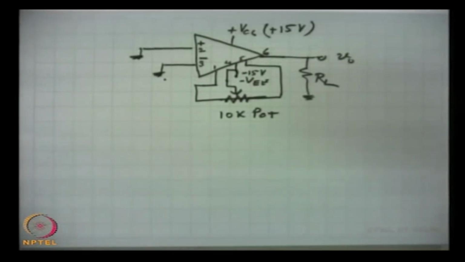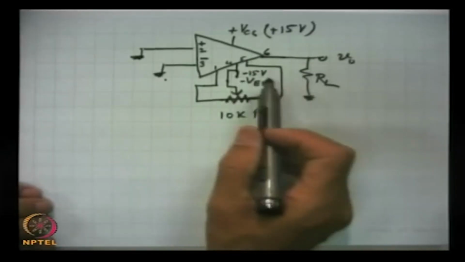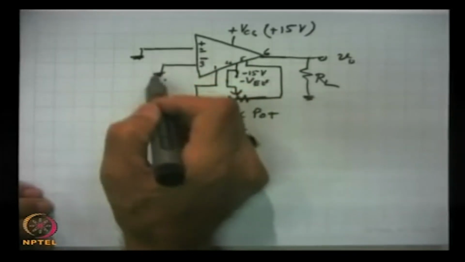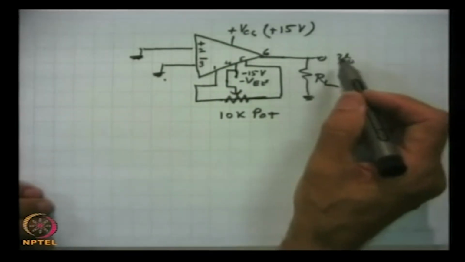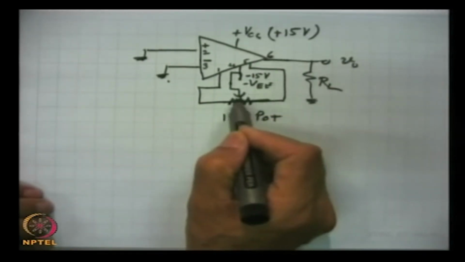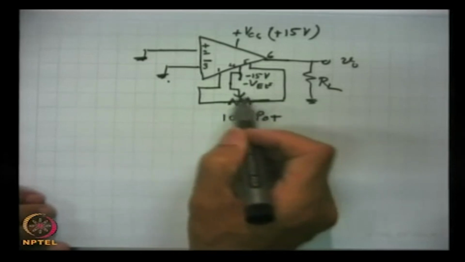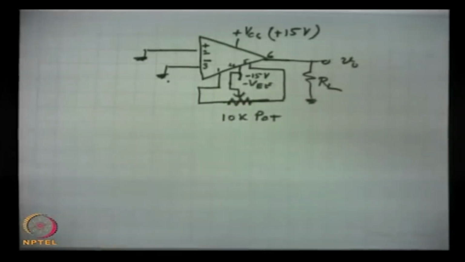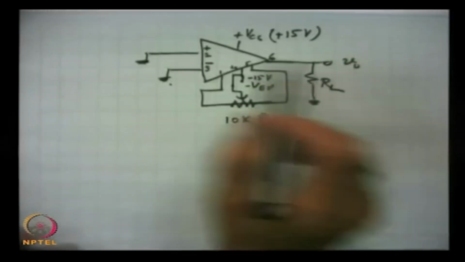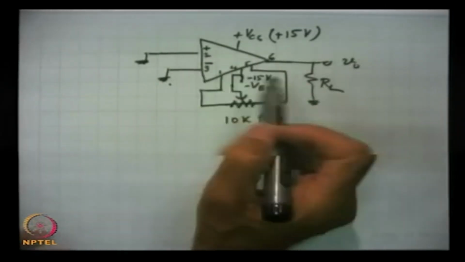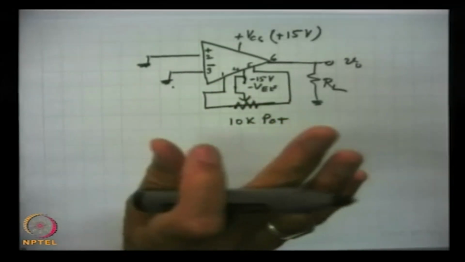We take a 10 kilo ohm potentiometer, a small pot, and that is connected to these offset null pins, and both inputs are grounded, and the output is measured, and we change this wiper, that means this movable part. A screw is provided. So, by a small screwdriver we can rotate till we get a 0 voltage at the output. We stop there and we leave that potentiometer in that position.